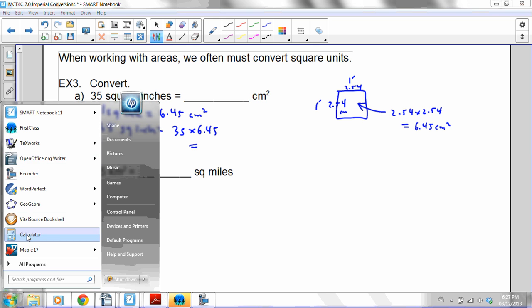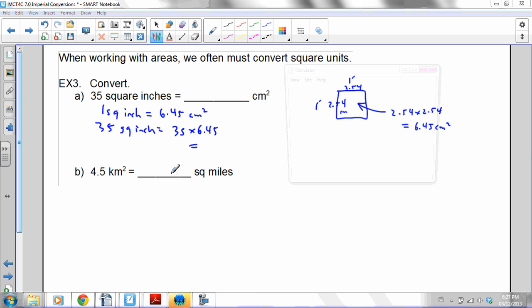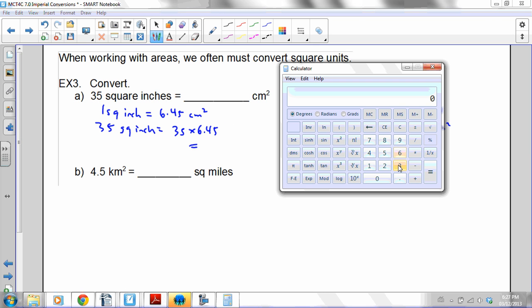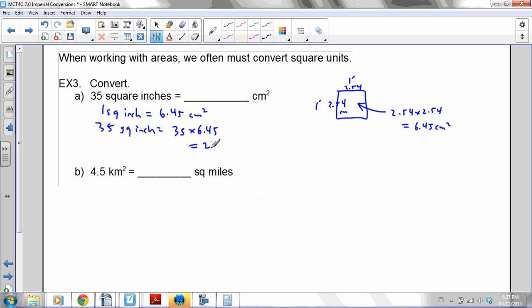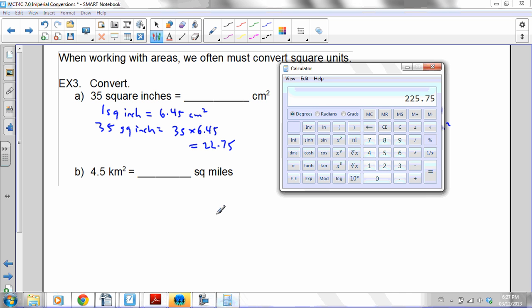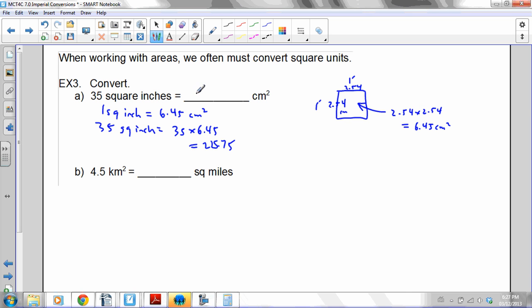Sure I do, right there. 35 times 6.45. 222.75 centimeters squared.